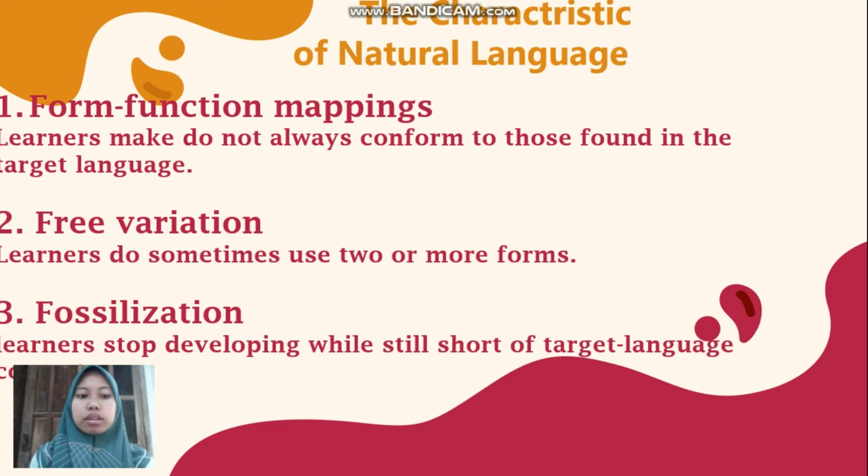Yang pertama itu, pembelajar tidak selalu sesuai dengan yang ditemukan dalam bahasa target. Yang kedua, pembelajar terkadang menggunakan dua atau lebih bentuk. Yang ketiga, pembelajar berhenti berkembang sementara masih kekurangan kompetensi bahasa target.